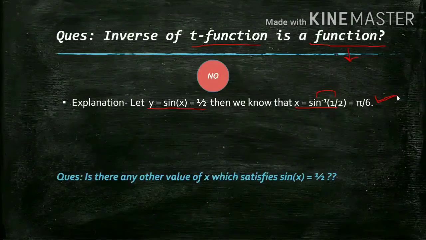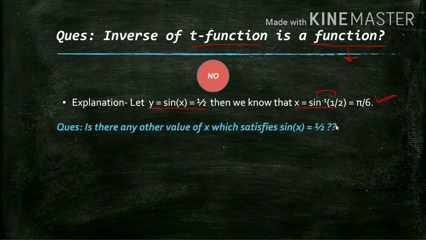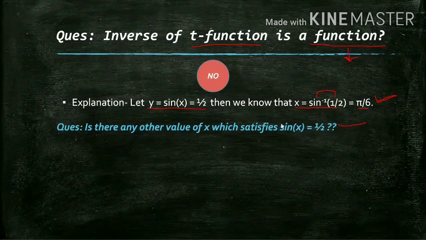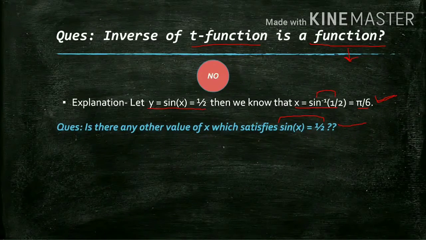Okay. Now, another question. Is there any other value of x which satisfies sine of x equal to half? That means, can I have a value other than this pi by 6 which satisfies this equation, sine of x equal to half? Now, you know this answer very well.